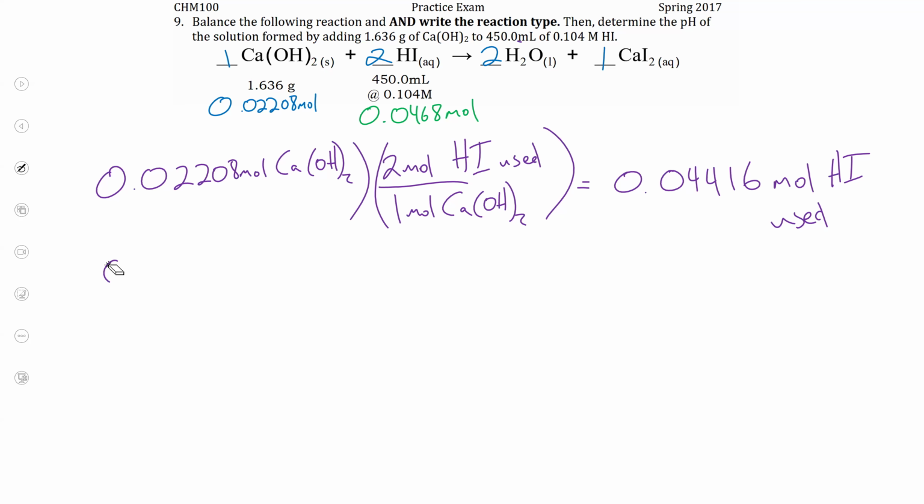So we started with 0.0468 moles HI. And we're going to use 0.04416.